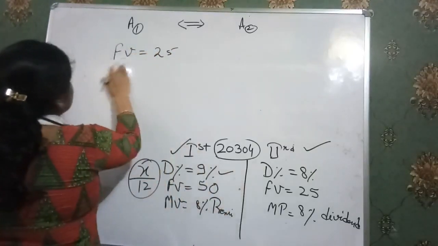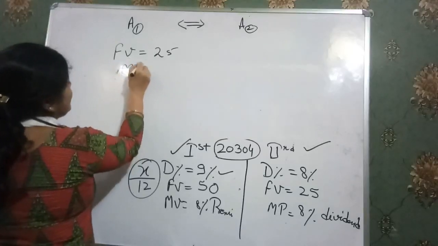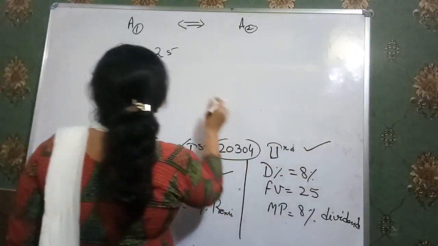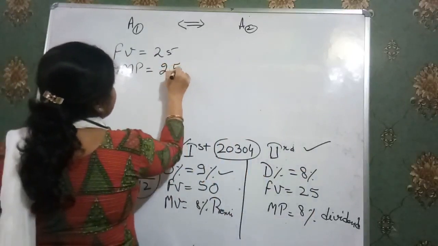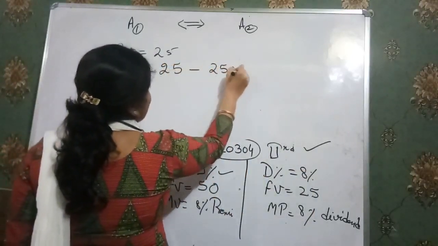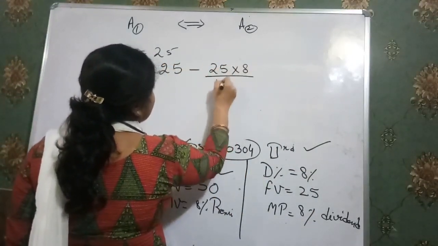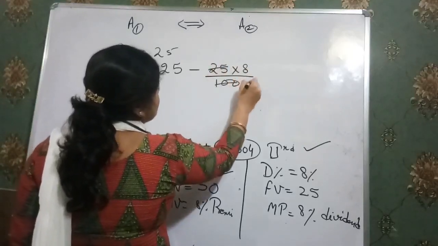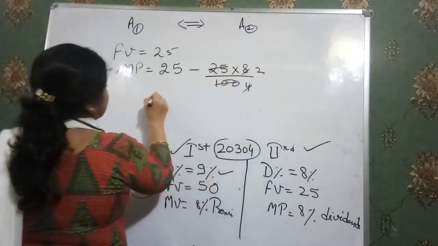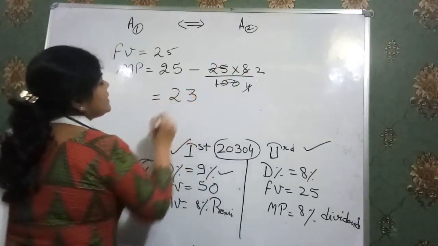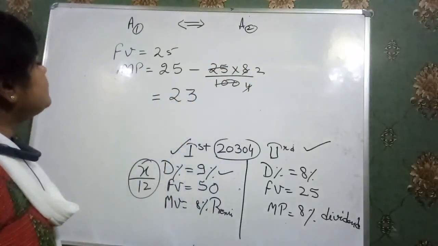Now the market value at 8% discount is 25 minus 25 into 8 over 100, that is 25 minus 2, which means the market value of the share is 23. Okay.